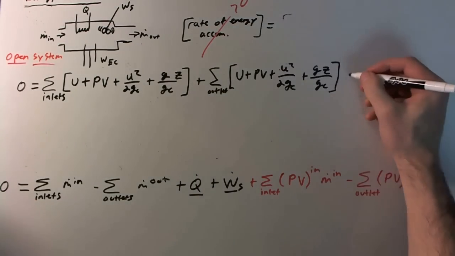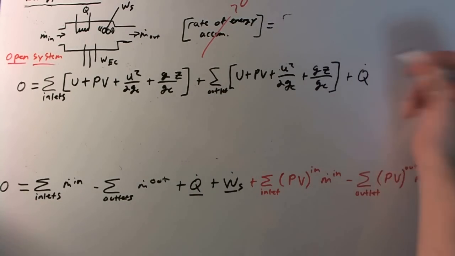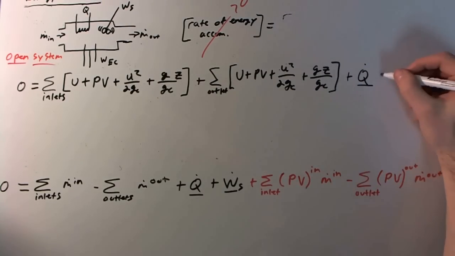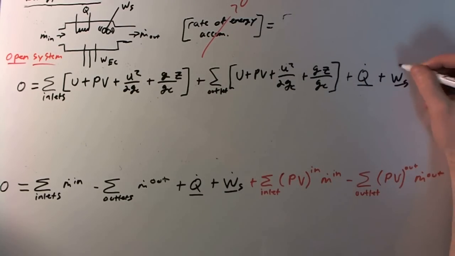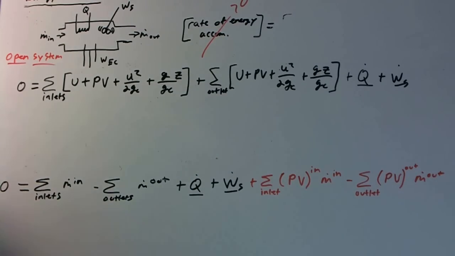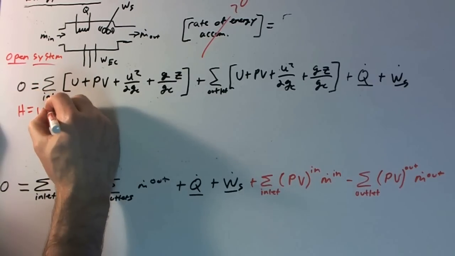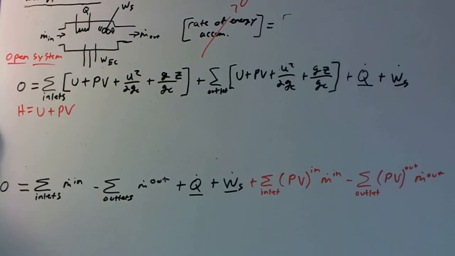Plus the heat, which is obviously extrinsic, plus any shaft work. Now, because enthalpy is defined as U plus pressure times volume, we can rewrite this.